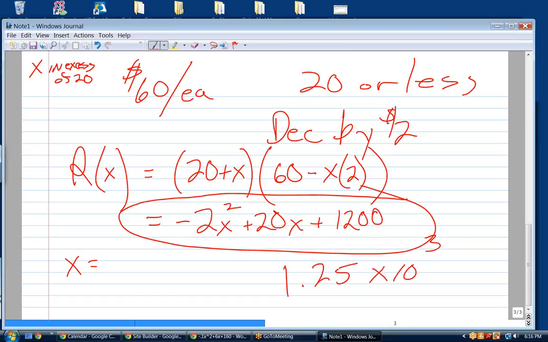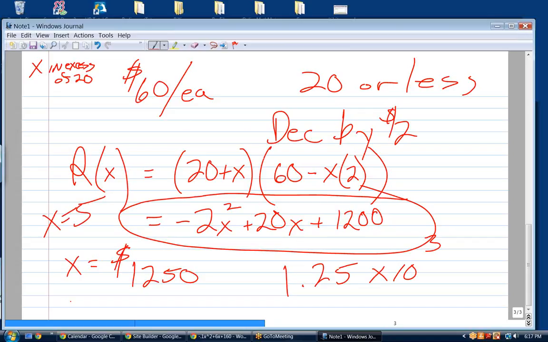So move that decimal point 3 spots, 1, 2, 3, and you get $1,250 is the revenue. And X was what? 5. So there's a total of 65 passengers.